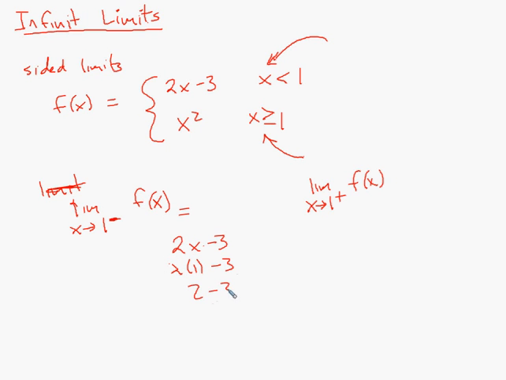So 2 minus 3, so -1. Over here, I would use the x squared because, again, coming from the positive side, so that would be 1 squared, which is +1 in this case.